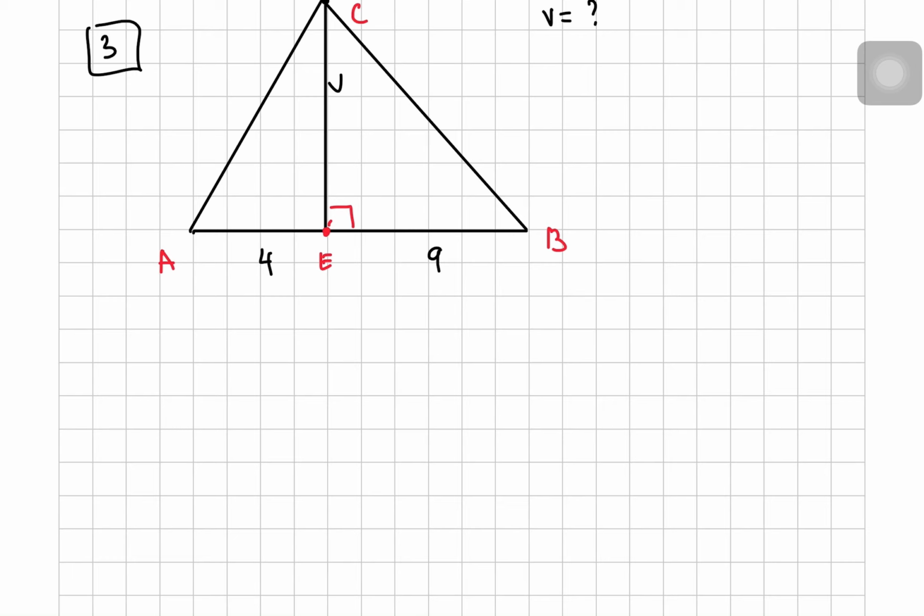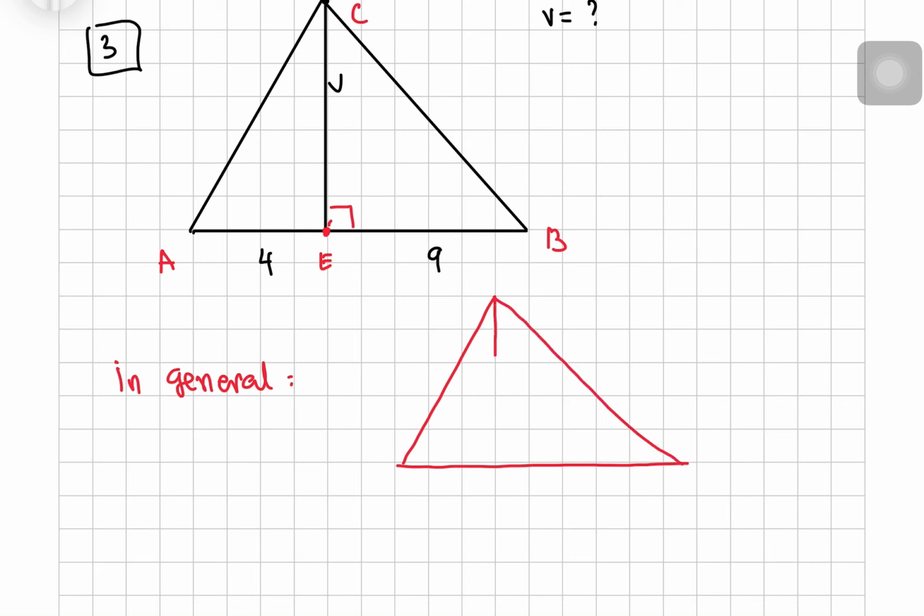Again, if we have in general this situation, and there is a height v, and it divides in x and y, then v squared equals x times y.